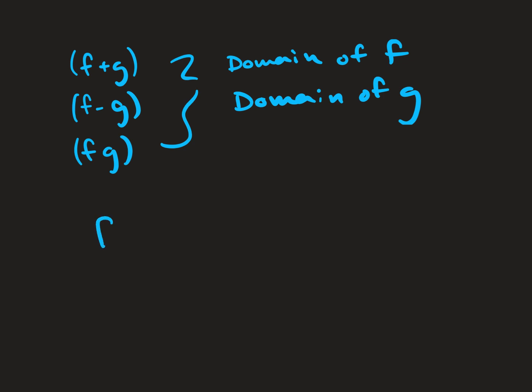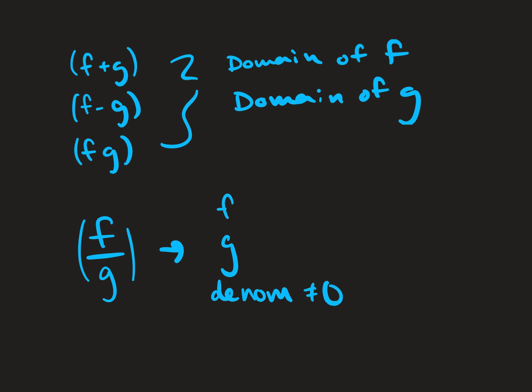But when you're dividing, if you have f divided by g, here you have to check for three things: the domain of f, the domain of g, and where the denominator is not 0. So we have to check all three of these things.